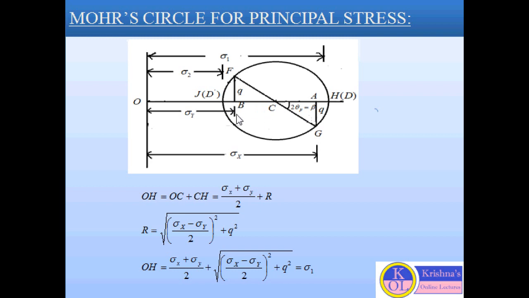Similarly, CJ represents the minor principal plane, and angle 2 theta P equals 180 plus beta.